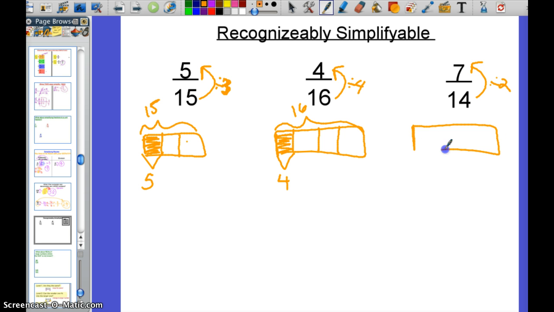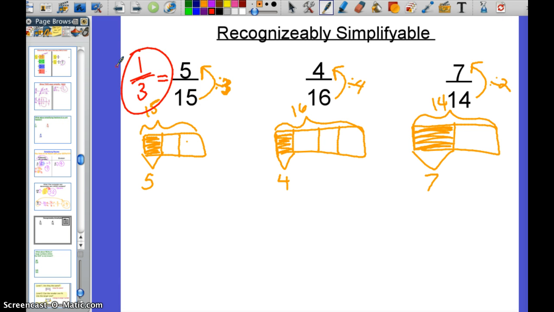And then here I said that, this one's more obvious, 7 is 1/2 of 14. And so when you see that relationship, you can automatically say, well, because 5 is 1/3 of 15, this is equal to 1/3, right? And because 4 is 1/4 of 16, this is 1/4. And because 7 is 1/2 of 14, this is 1/2.